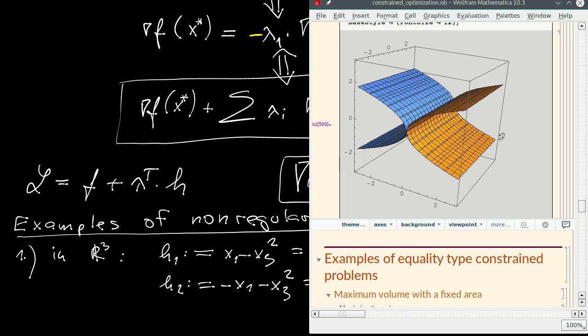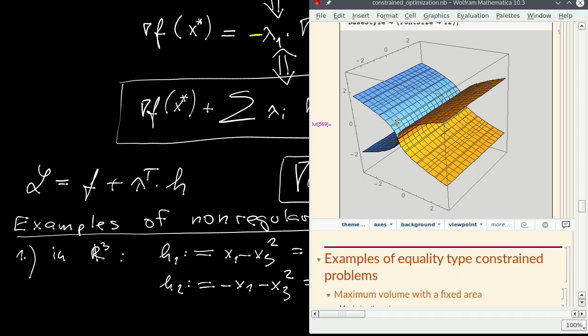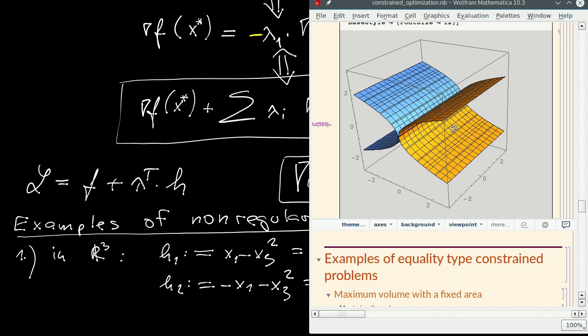So now the space that is spanned by these two vectors is just a single one-directional set. So now the condition that your gradient should lie in this set seems overly restrictive. And this is why the Lagrange technique fails in this particular example.